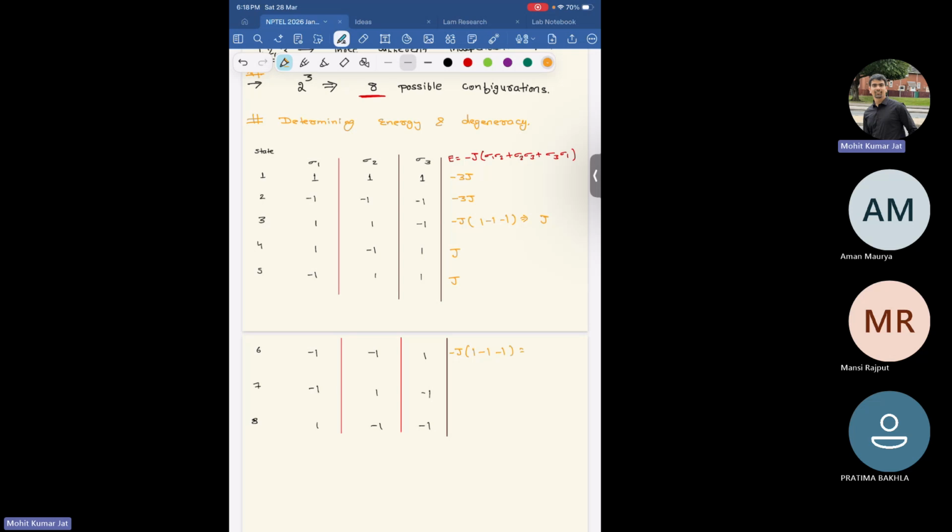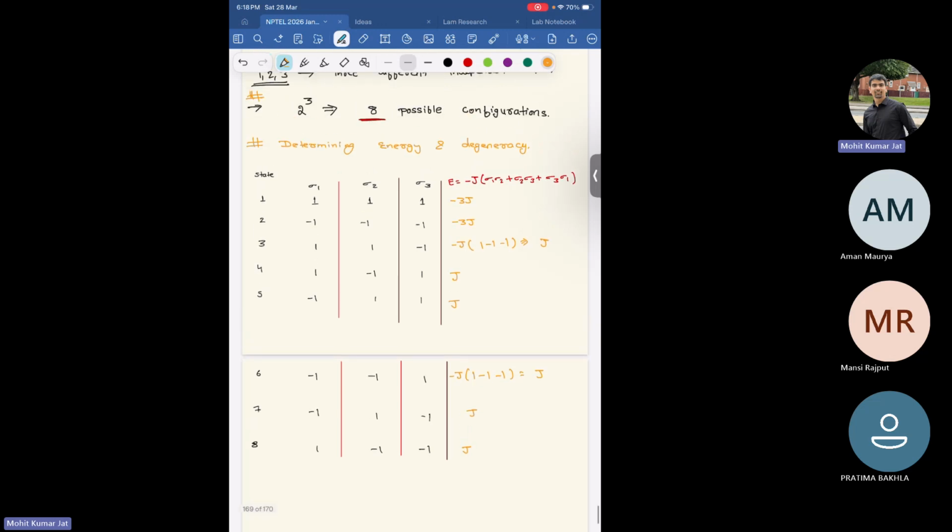So this will be plus J. So this also plus J, and this is also plus J. So the basic point is that for these two states, the energy is minus 3J, and for all these, 3 and 3, 6.